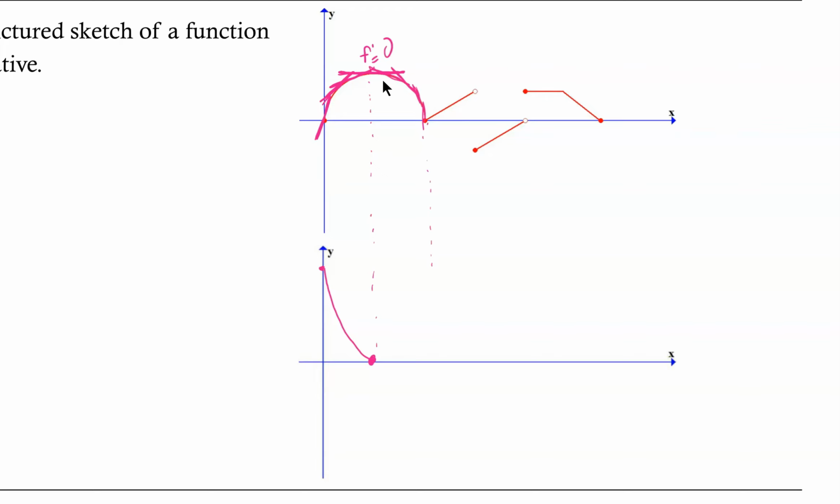So that means that for our derivative, once we pass through the x-axis, our derivative will be negative, and it becomes more and more negative until we reach that point on the x-axis. So it's going to look maybe something like this.